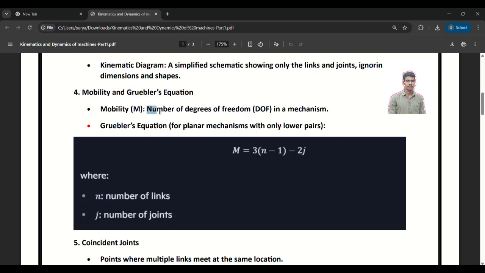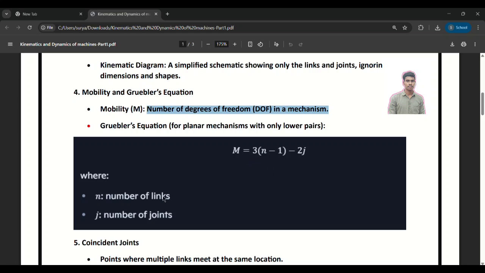As you know, it gives the number of degrees of freedom of a mechanism, DOF, if you are familiar with kinematics. Grubler's equation is responsible for the mobility, the degree of freedom. This m is also written as DOF. DOF is degree of freedom, the ability of a body to move in any direction without any constraint.